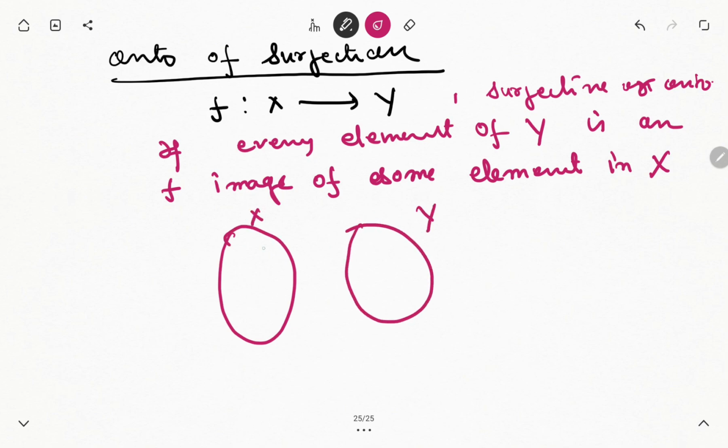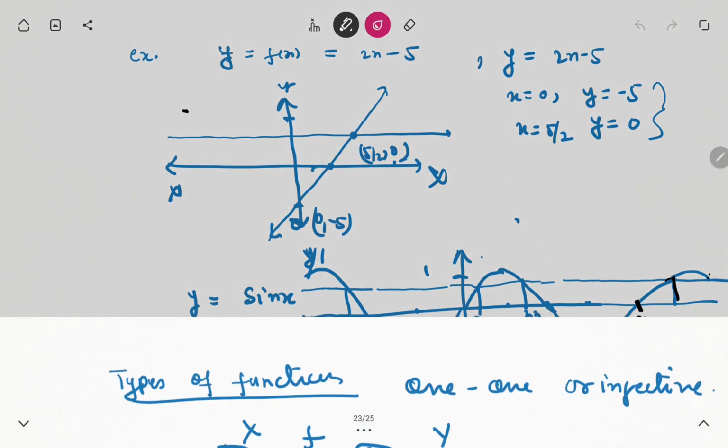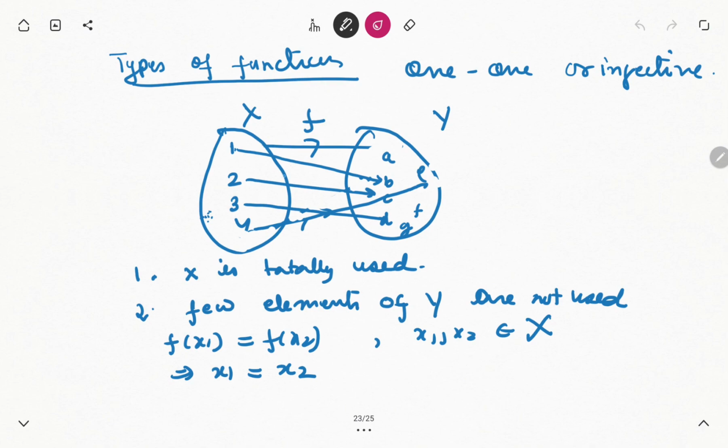Diagram, see, for the function you have to exhaust the elements of X. So if we have taken 1, 2, 3, 4, and here we have taken a, b, c, d, e, f, g. I am coming back to this example. Now this is a function, this is a 1-1 function, but this is not an onto function. Why?